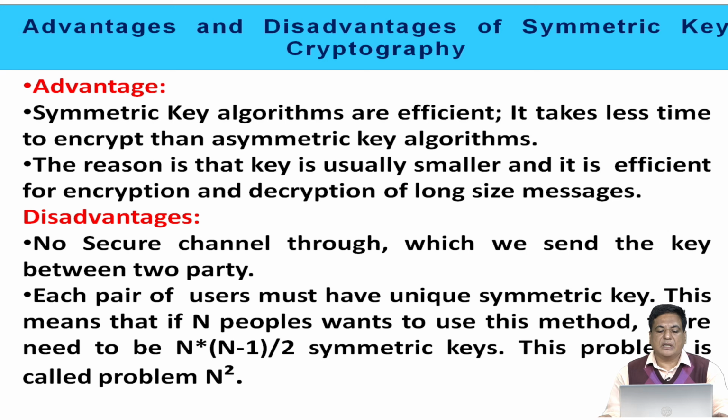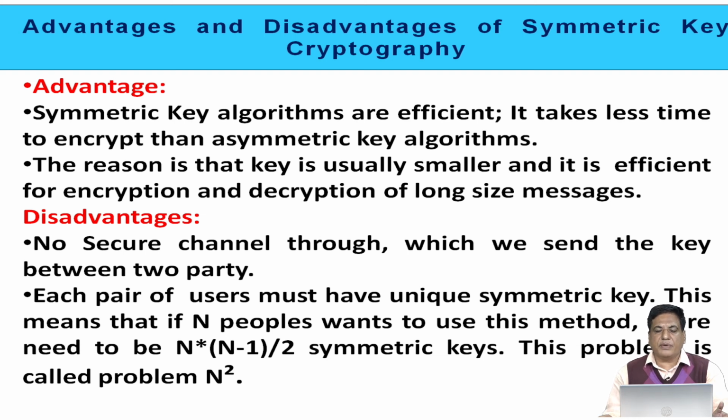Disadvantage. The first disadvantage is that in the real world, we do not have a secure channel through which we can exchange the key from the sender to the receiver. Second, each pair of users must have a unique symmetric key. This means that if we have n people, then every person has n-1 keys.